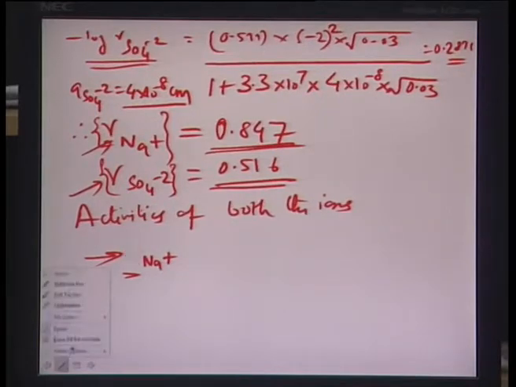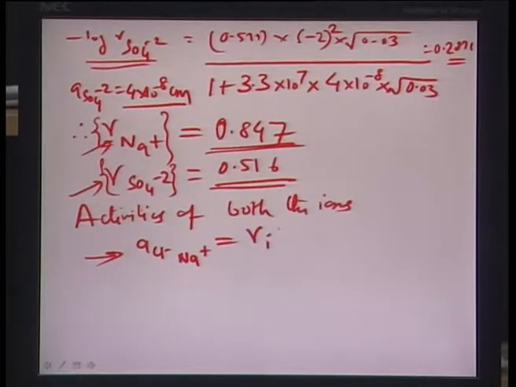Let us write act of Na plus equals gamma i times Xi. As you know, Xi is the ionic concentration of the particular analyte. In case of sodium you have 0.847 as the gamma i, and the Xi, because you have 2 atoms per molecule and the overall concentration is 0.01, the concentration is 0.02 molar.